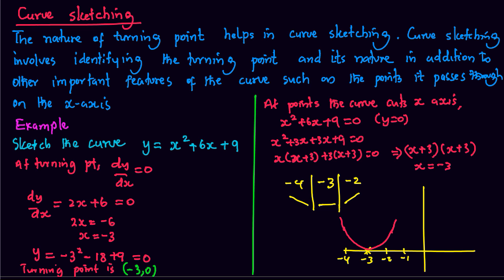So our curve will look like this. The turning point is -3, 0, and according to the nature of the turning point, it is a minimum. So it means our curve curves upwards.